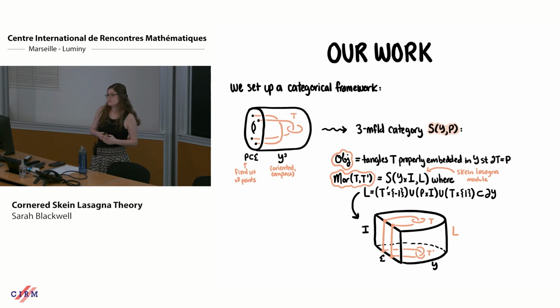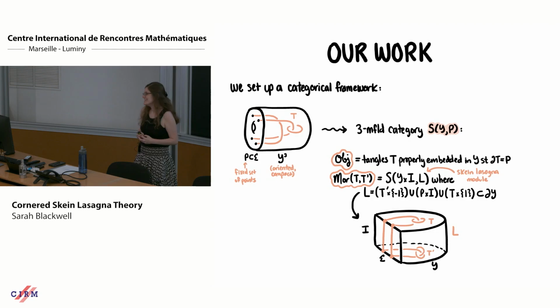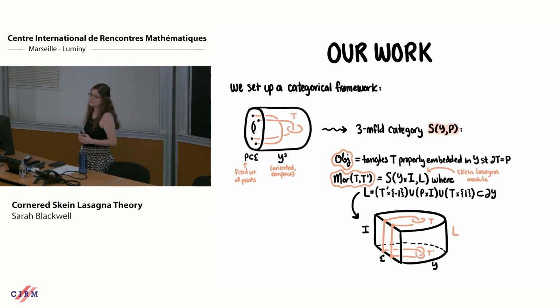I'm not used to thinking categorically. Me neither. This is somehow different, but also the same as the Skein Lasagna module before. Can you elucidate a little bit what I'm confused about?